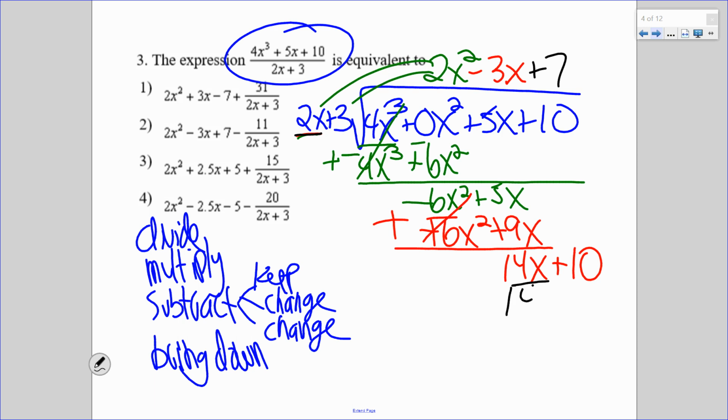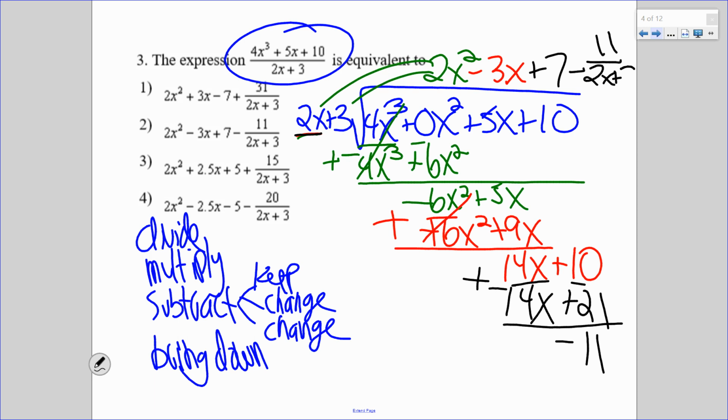Multiply. 14x plus 21. Subtract. Keep, change, change. Nothing left to bring down. So I have a remainder of 11, I put minus 11 over the divisor, which is 2x plus 3. Looks like my answer is choice 2. You don't have to do your long division. If you do, you'll get it right.